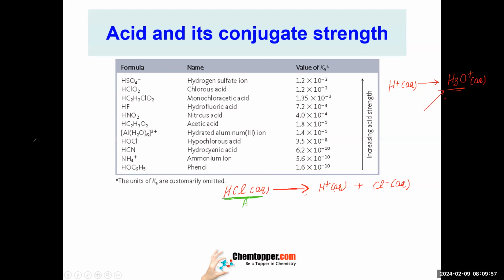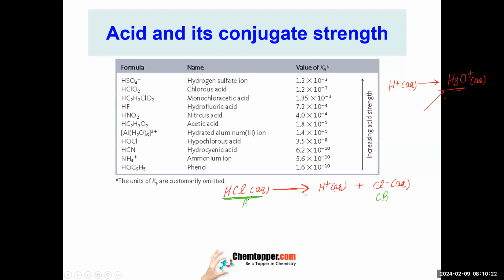Okay, good. Now, is this conjugate base accepting this H+ and going back? Is this Cl- willing to accept this H+? No. So is this conjugate base a strong base or weak base? Yes, very good, children.